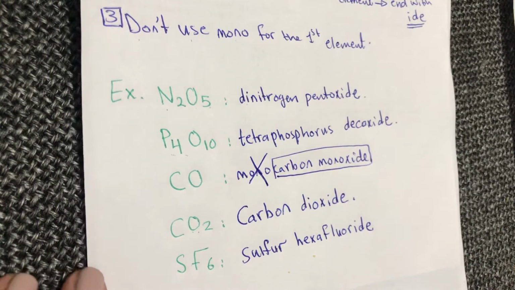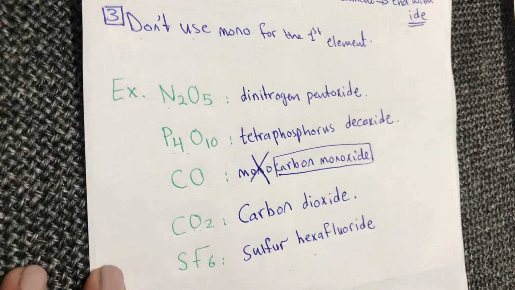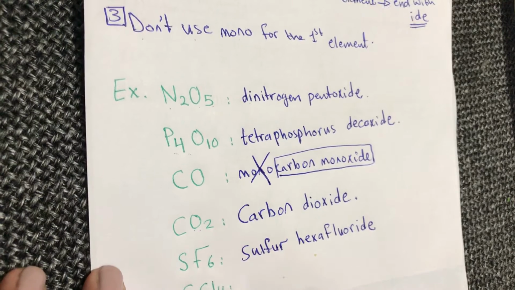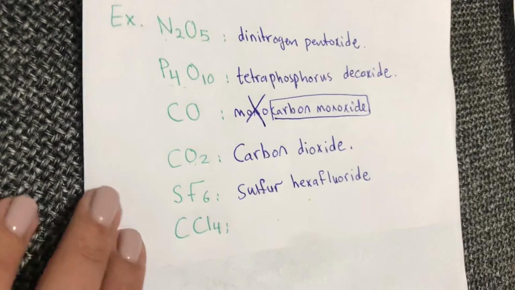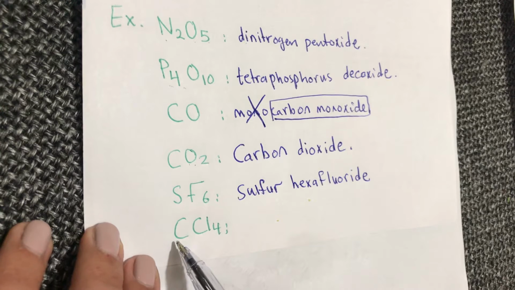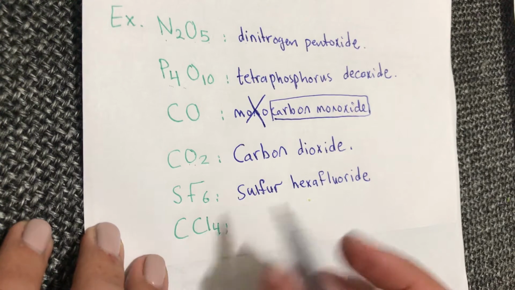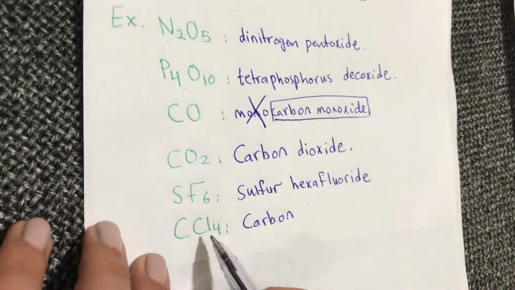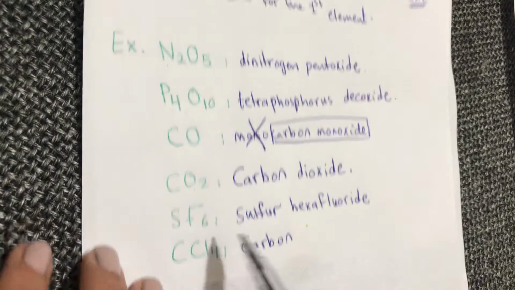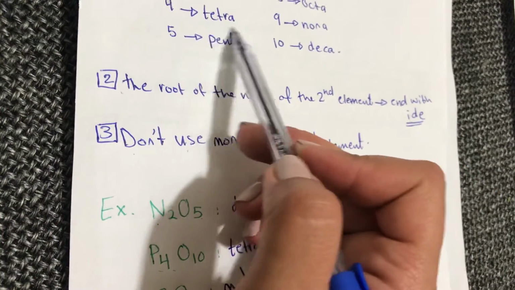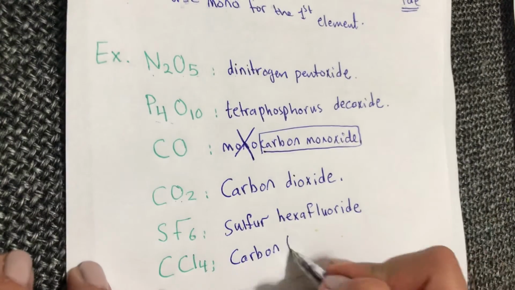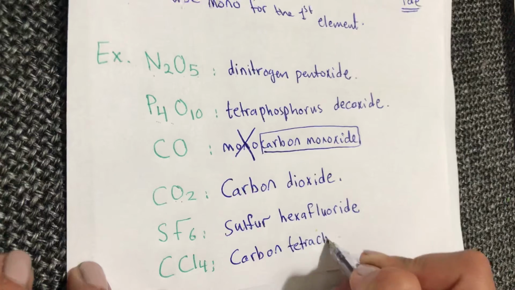The last example, CCl4. C for carbon, one atom, don't use mono for the first element, so directly carbon. And here the chlorine, you have 4, so the prefix that indicates 4 is tetra, and the second element must end with IDE, so tetrachloride.